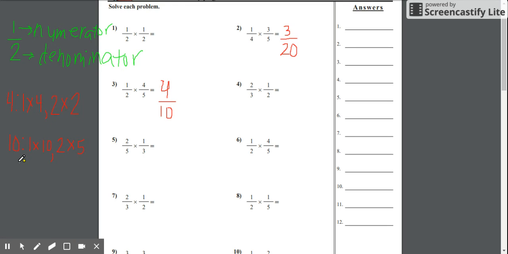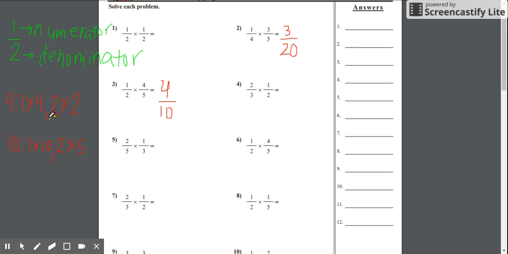The factors that make 10 are 1 times 10 and 2 times 5. So the number that shows up in both of these lists, I'm not going to use 1 because 1 wouldn't reduce anything. If I divide 4 by 1 and 10 by 1, I would still get 4/10. So you never use 1. You look at a number that's bigger than 1 that shows up in both of the lists.